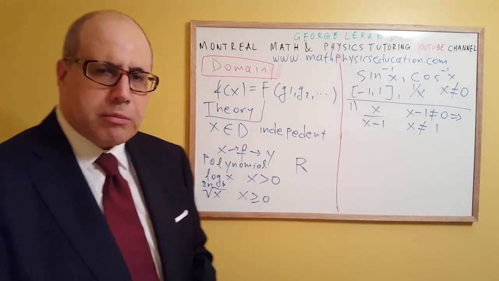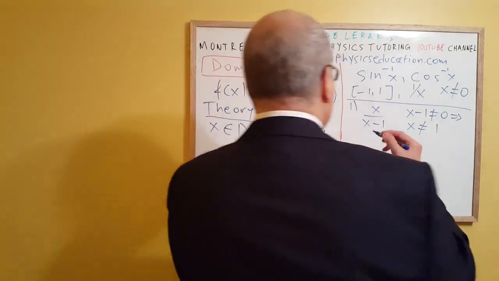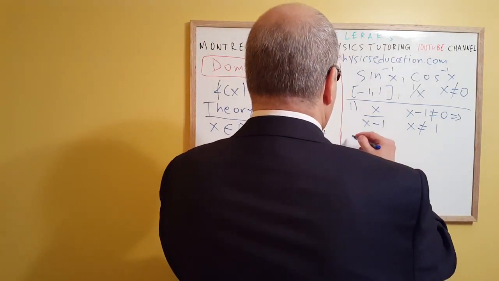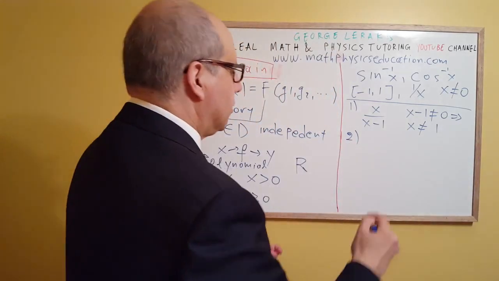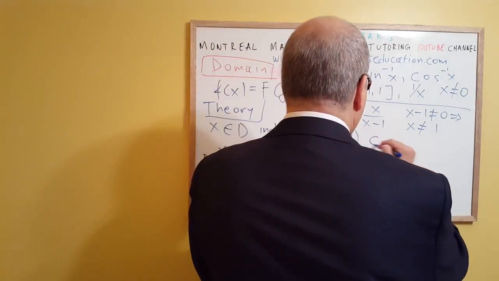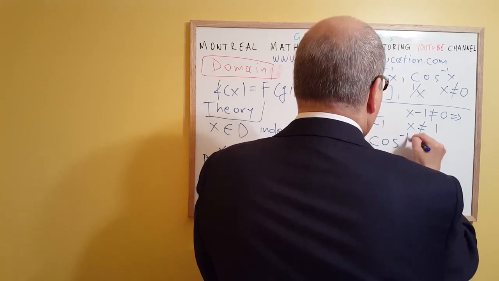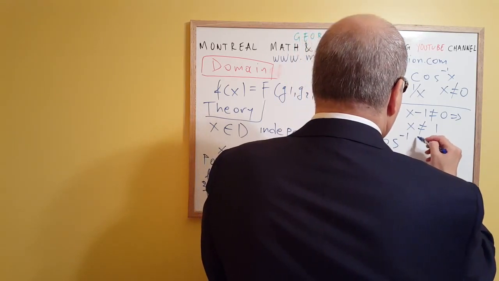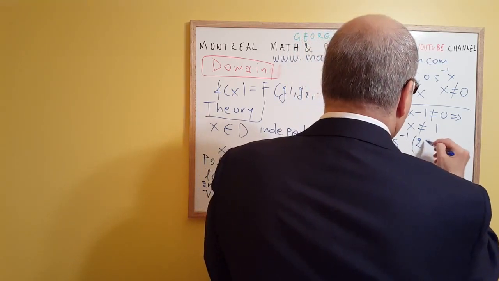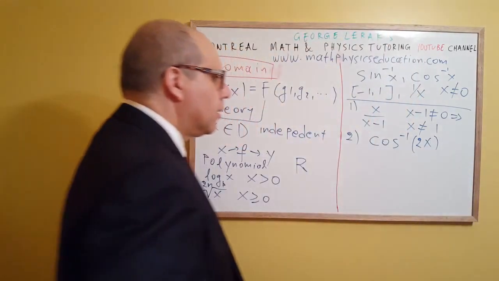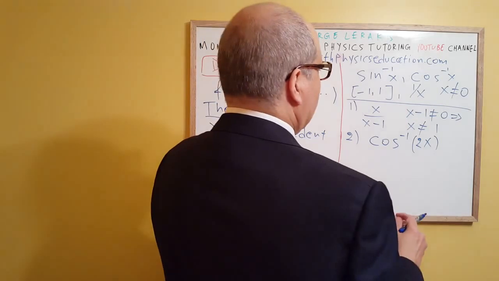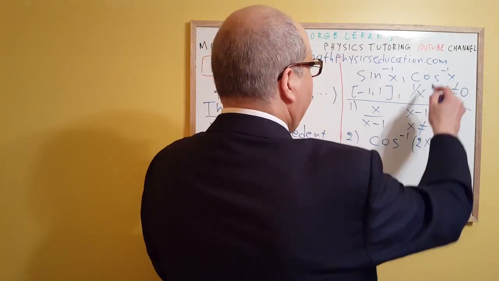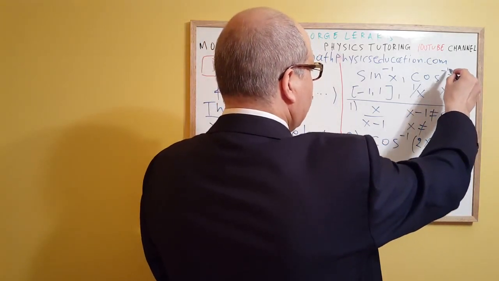So the domain of the function x over x minus 1 is all the real numbers except the value 1. Let's say, for example, we have another function, inverse cos of 2x. So here your function is of this form.